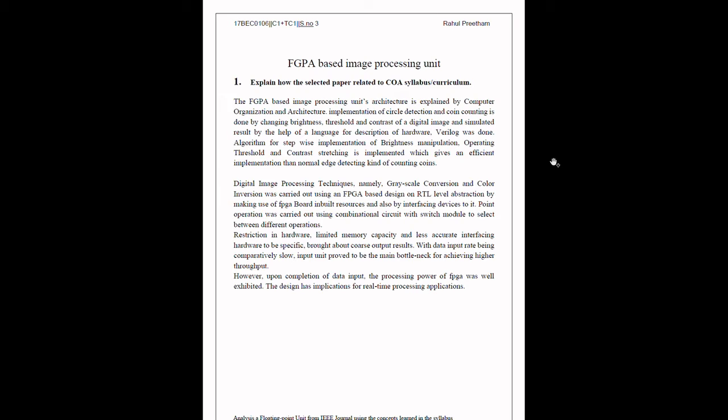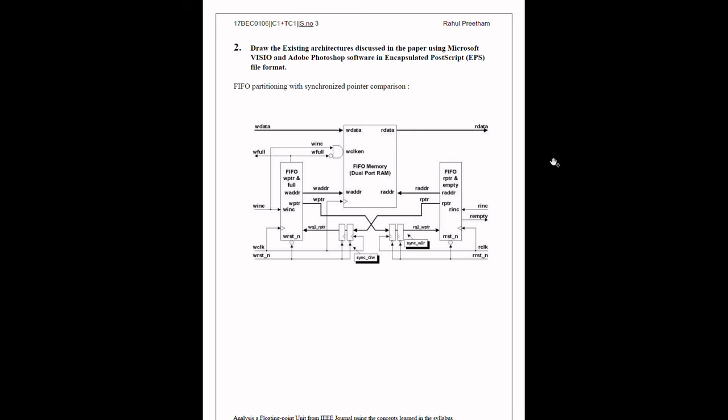Restriction in hardware, limited memory capacity, and less accurate information hardware to be specific brought about coarse output results. With the input being comparatively slow, input proved to be the main bottleneck for achieving higher throughput. However, upon completion of data input, the processing power of FPGA was well exhibited. The design implementations for real-time applications can be done using this system.